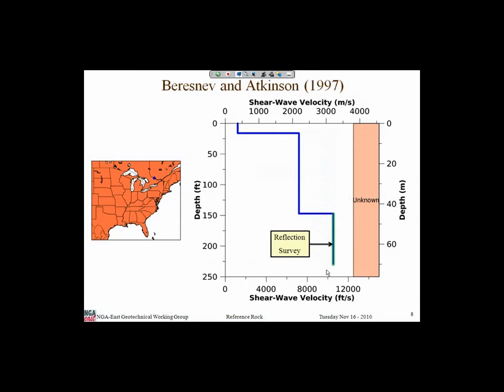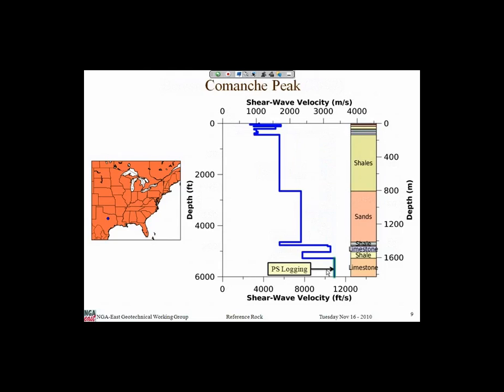We don't have the actual definition of the geology yet there, and I'm sure Gail can provide us with that information as we proceed. So this is a rock that is defined at a depth of 150 feet in this case. There's a weaker rock above it, and then a shallow soil.